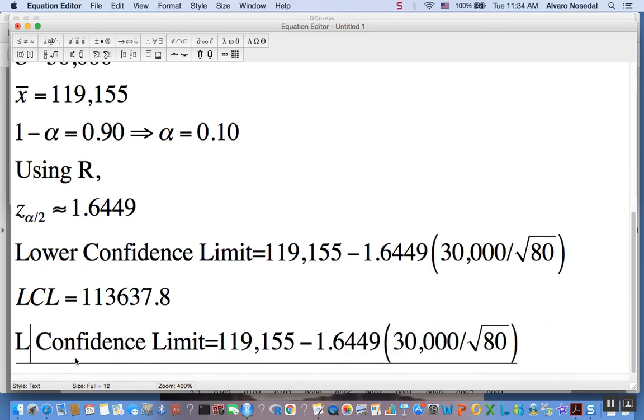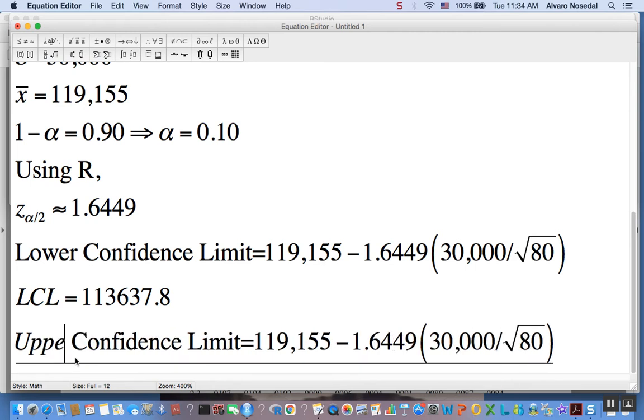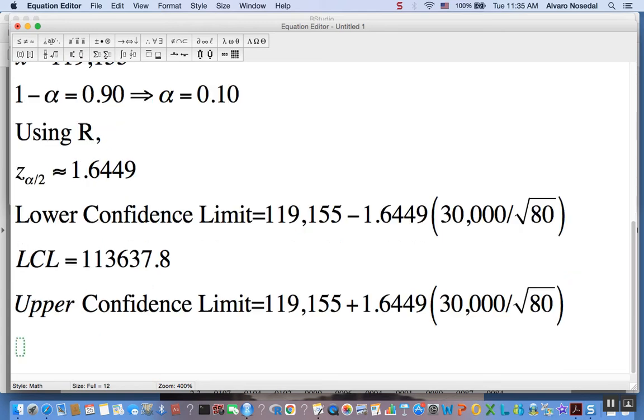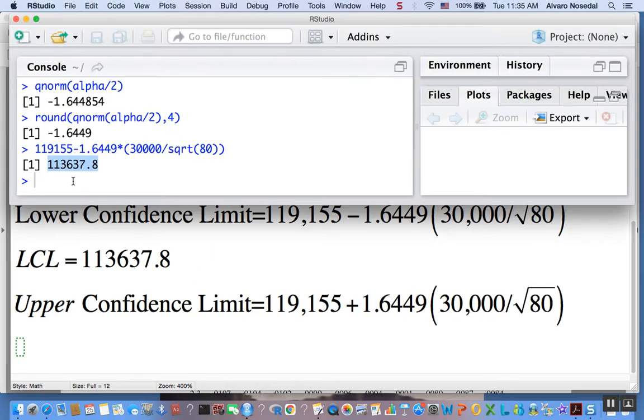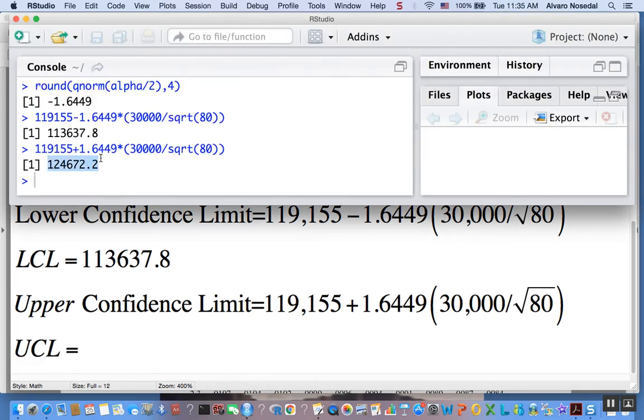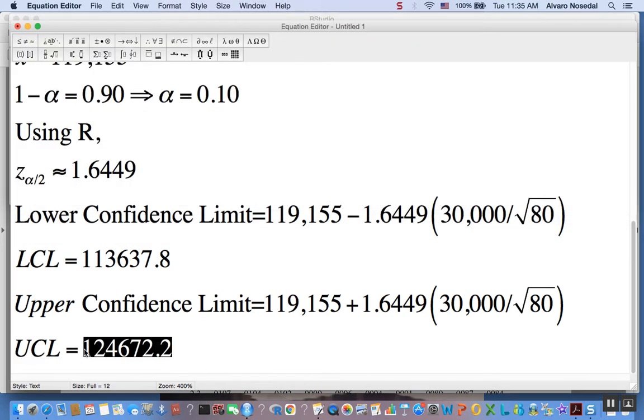So upper confidence limit, have a plus instead. Let's make that change here as well. Okay, so upper confidence limit is, well, $124,672.20.